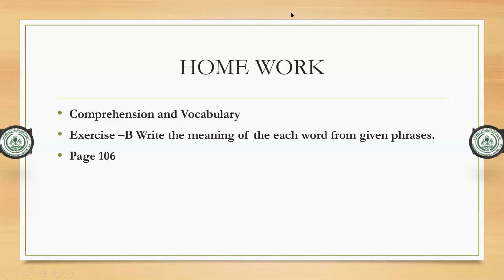As I told you, you have homework, and the homework is comprehension and vocabulary. Comprehension and vocabulary is on page number 106. In exercise B, write the meaning of each word from the given phrases. The phrases are given, as I told you, on page number 106. 7 are done by me and 7 are left for you.